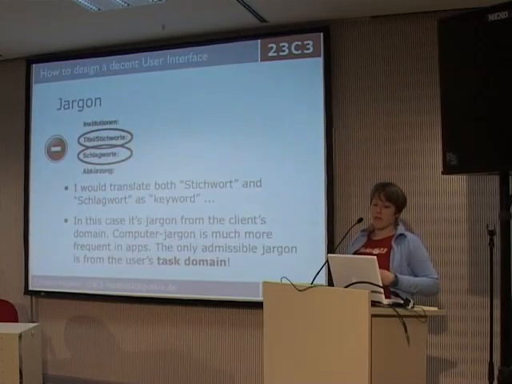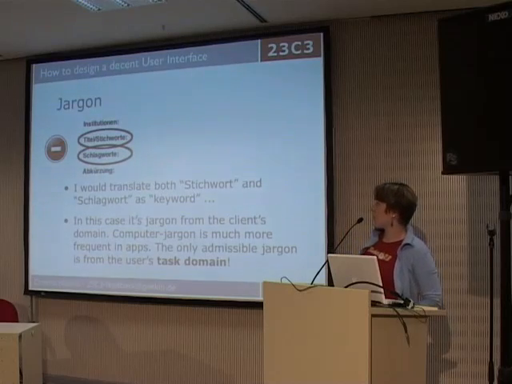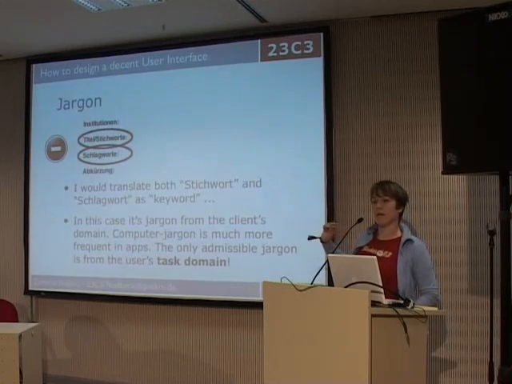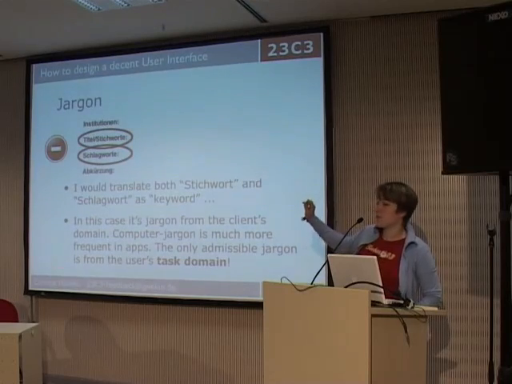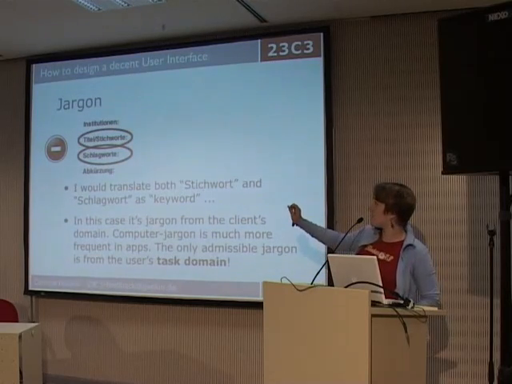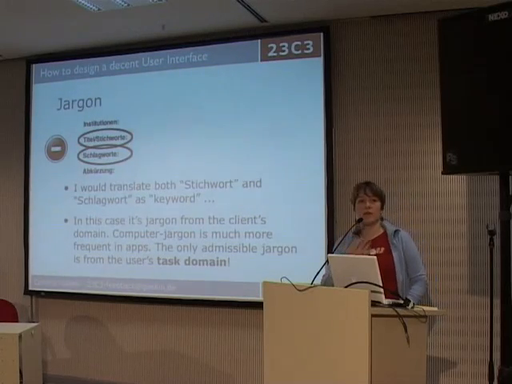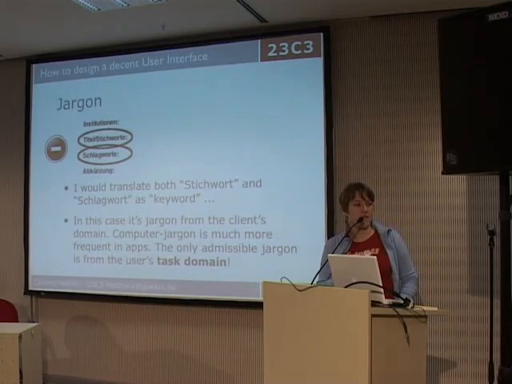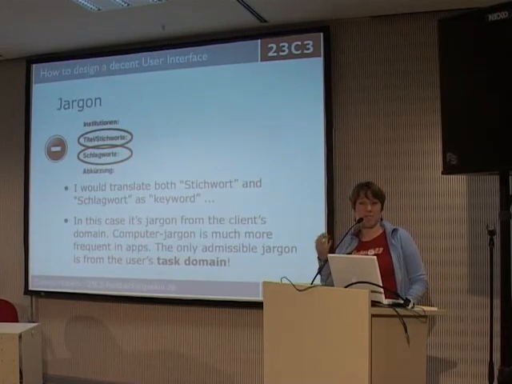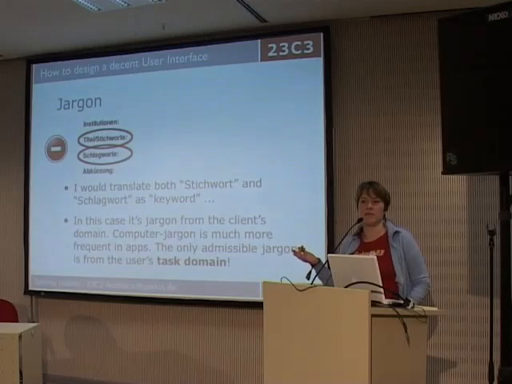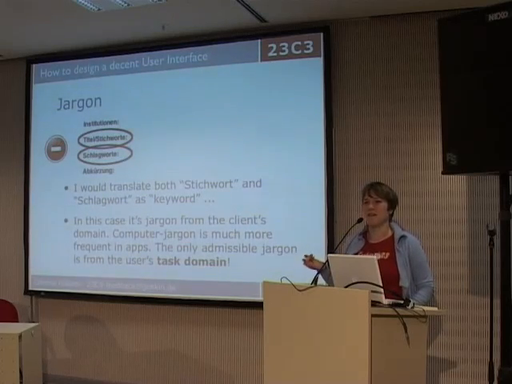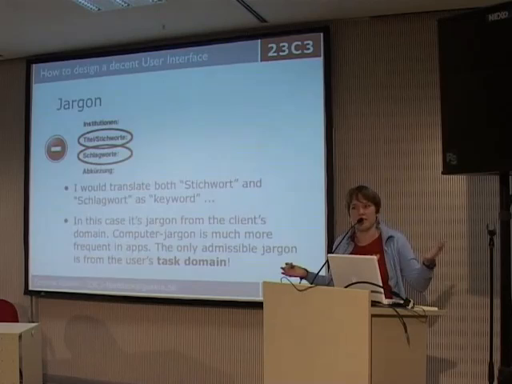And the third and last thing that is flawed with the example is that they use jargon. In the search parameters that you can specify, it says here Titel, Stichworte, and Schlagworte. If you are an English speaker and you'd ask me to translate Stichworte and Schlagworte, I'd say keyword for both of them. So I have basically no idea where the difference is.